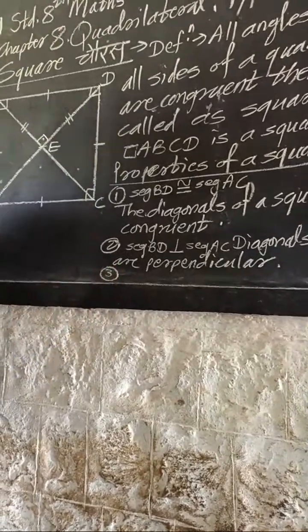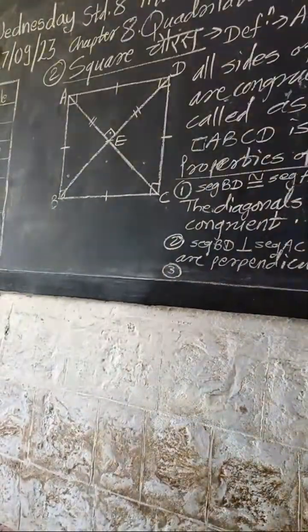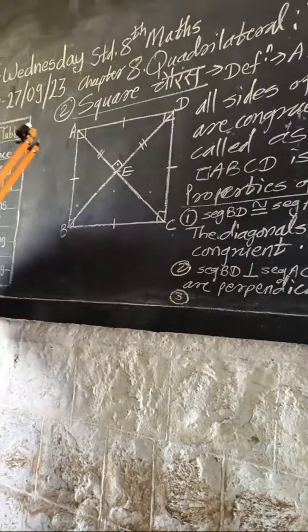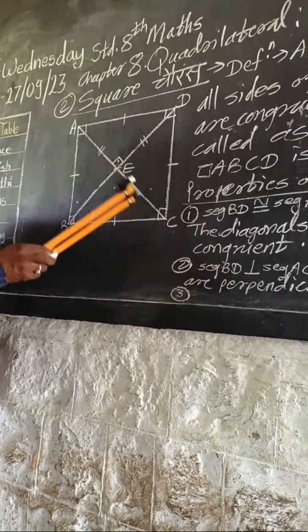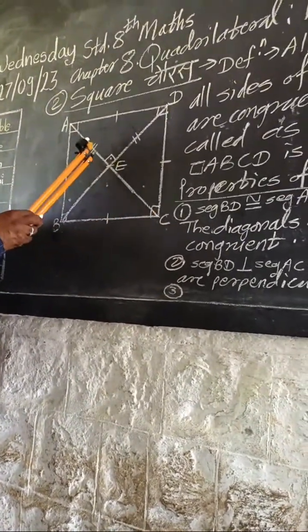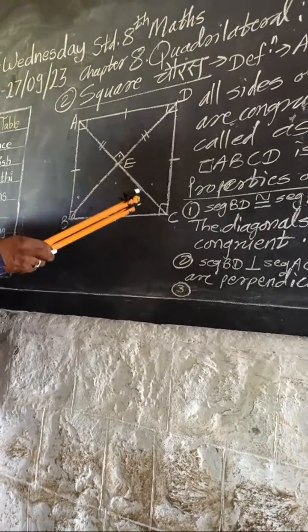Then the third property. Diagonal AC is divided into how many parts?